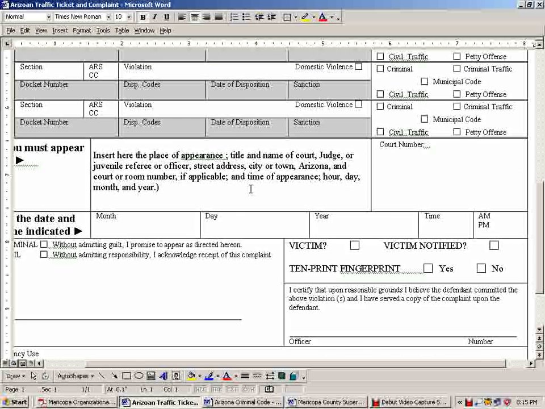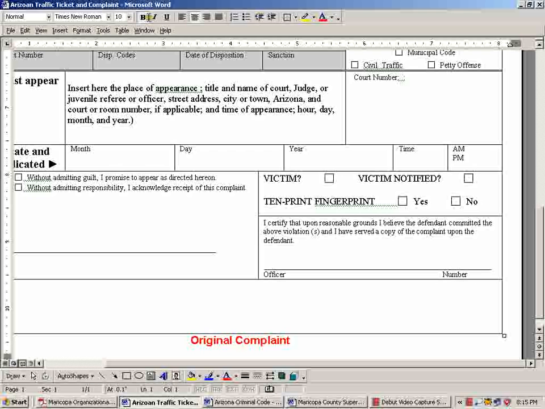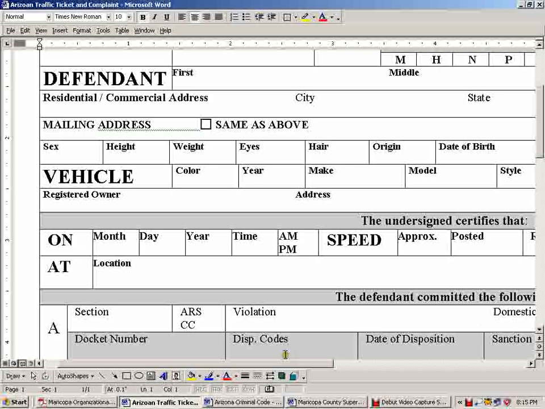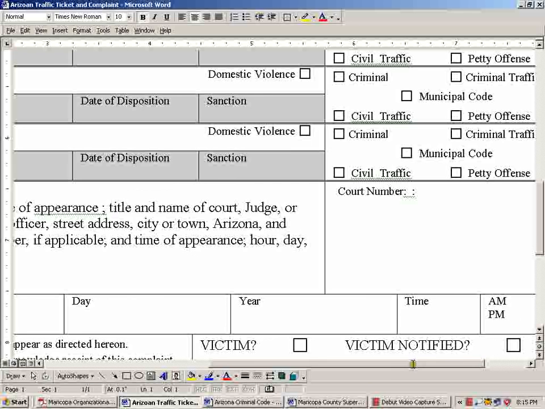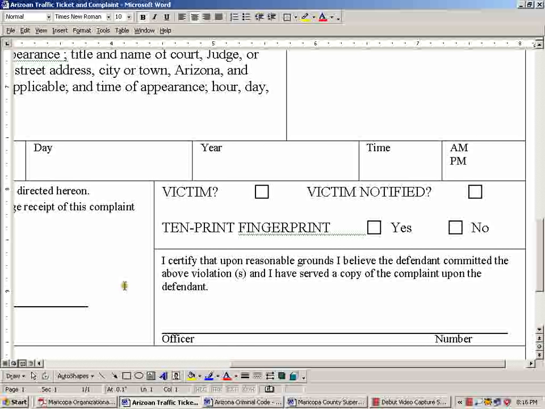And as part of this complaint, down here, right in here, how do I make that bigger? Make it bigger, bigger, bigger. Okay, it calls itself a traffic ticket and complaint. And this is where the officer will eventually sign on it. Okay, I got it to where I want it.